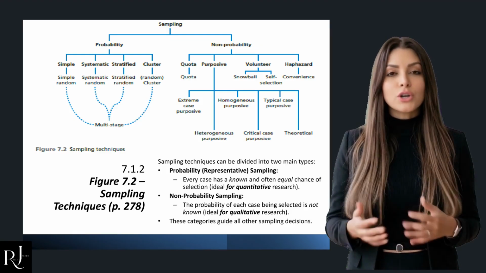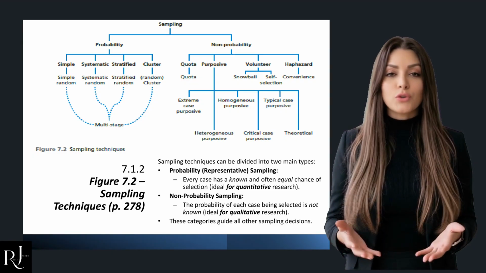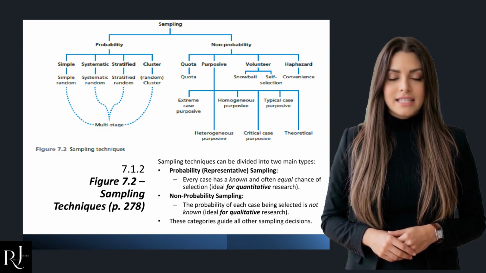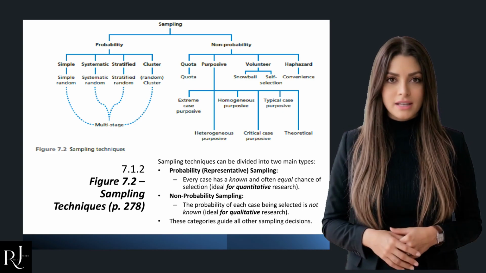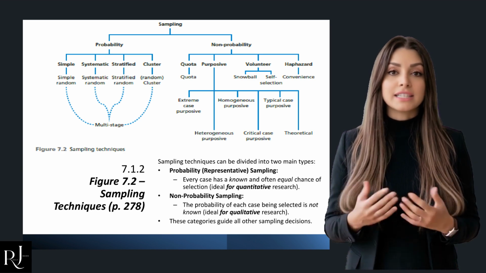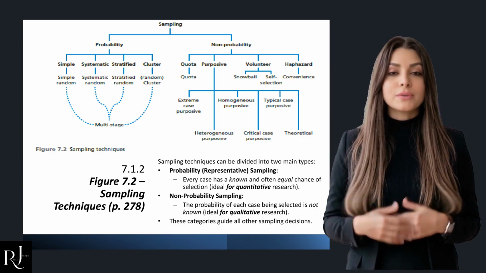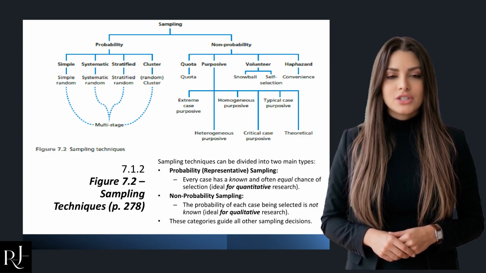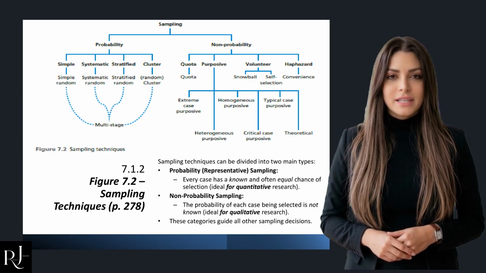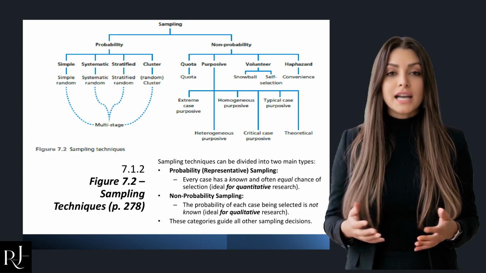Sampling techniques are generally divided into two main categories: probability and non-probability sampling. In probability sampling, every case in the population has a known and often equal chance of being selected. This makes it ideal for quantitative research where you want to represent the whole group. For example, if a researcher wants to study the average income of all employees in a large company with 5,000 employees, they could use simple random sampling.